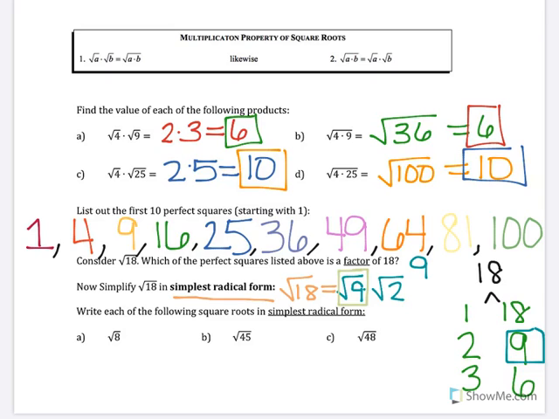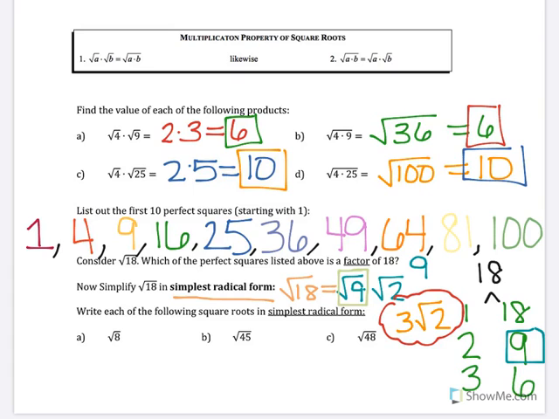What is the square root of 9? Well, the square root of 9 is going to be 3, so this is going to turn into 3 radical 2, and that is how I can simplify the square root of 18.